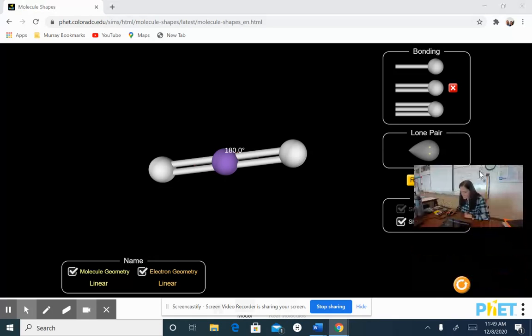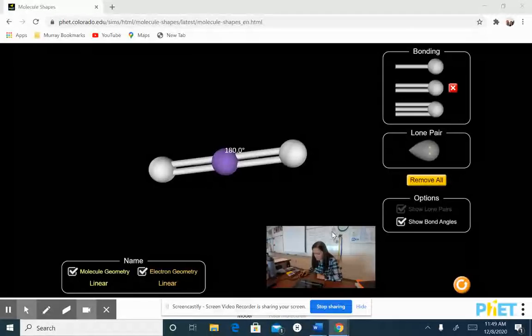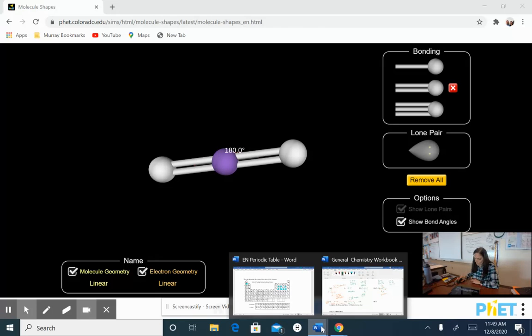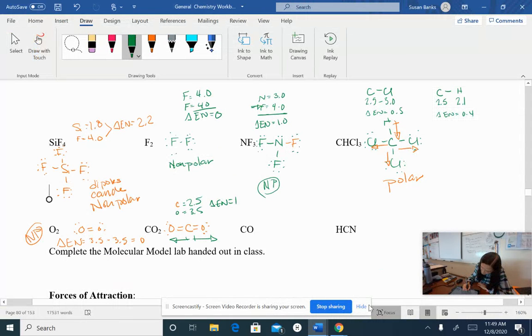So they will cancel each other out for sure, because I've got one pull in here and one pull in here, and they're both the same strength. So that will cancel out. So this is nonpolar because those dipoles cancel out.